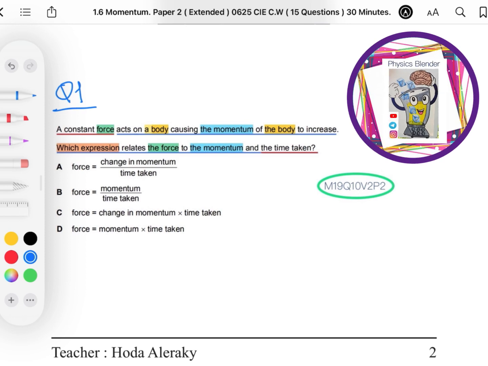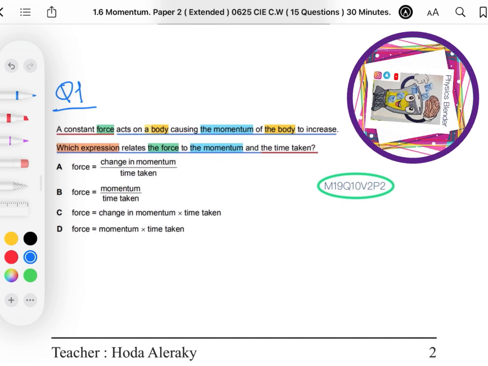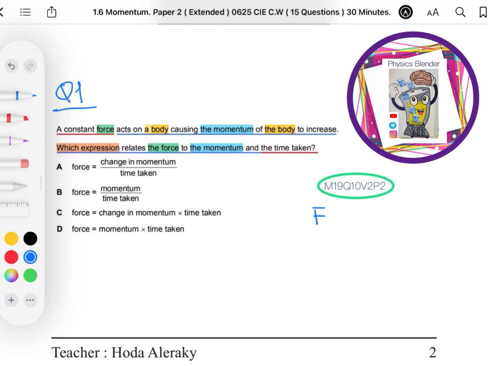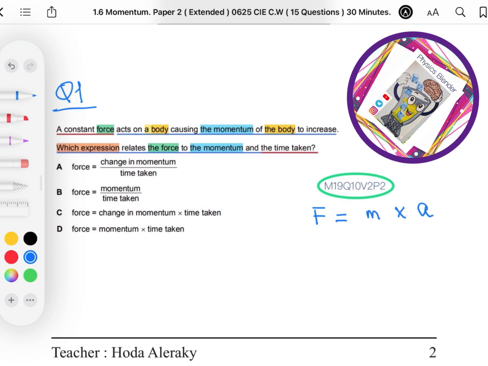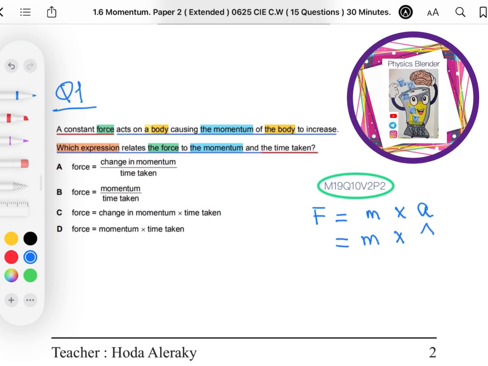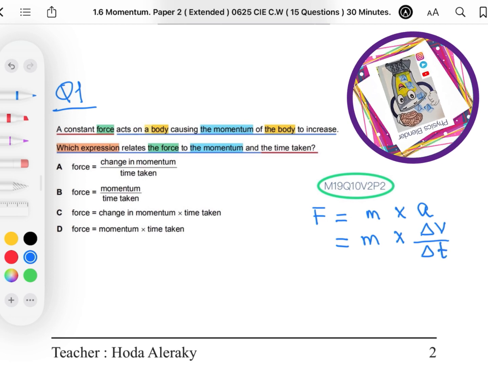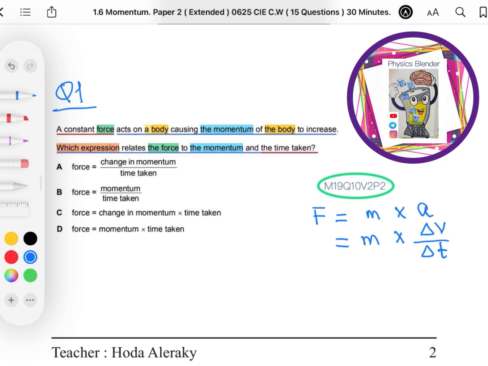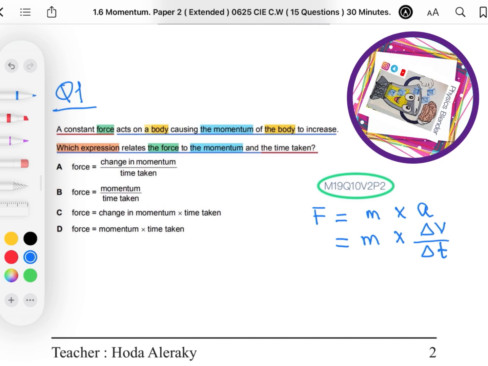Or you can simply start with the equation you know already, that F, the resultant force, is equal to mass times acceleration. And you know acceleration is equal to change in velocity divided by time taken. So if you rearrange this equation, you can find that the change in momentum is here already.